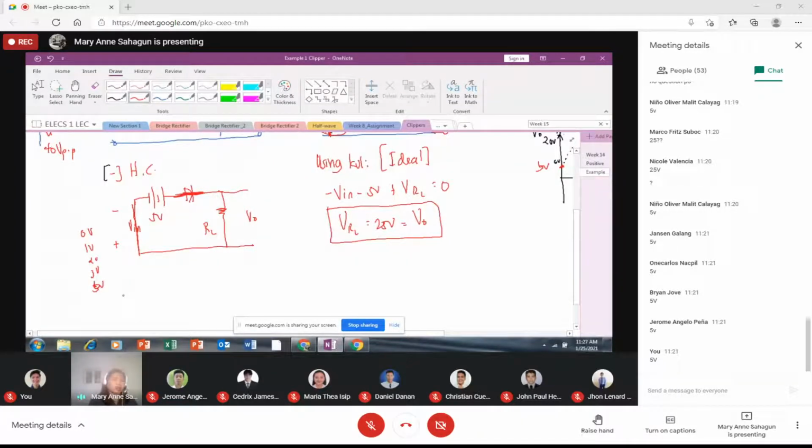So what happens? As you can see, this is now series opposing na voltage. If it is series opposing, nagsusubtract po tayo, which is discussed during your high school years, I believe. If may laruan ka ng kapatid mo, you will see some batteries in series.